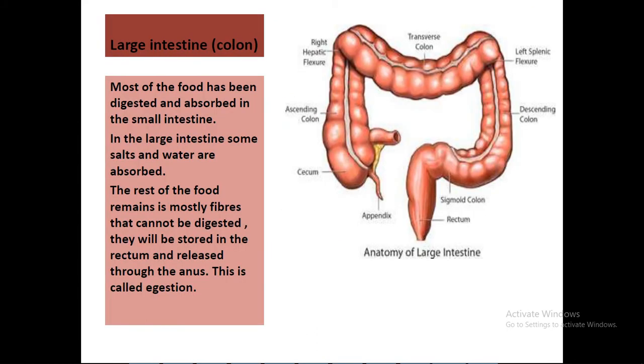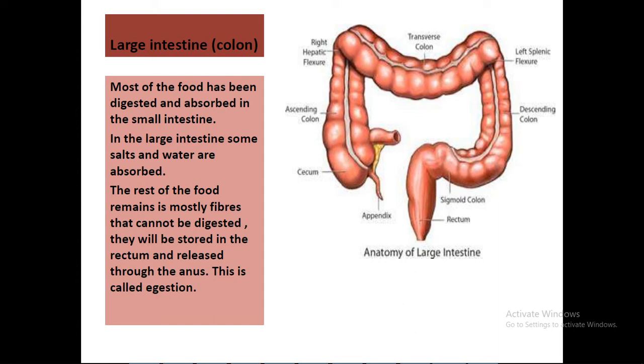Now, next is the large intestine. As we discussed, the parts of the large intestine are the colon: ascending colon, transverse colon, and descending colon. Most of the food has been digested and absorbed in the small intestine. In the large intestine, some salt and water are absorbed.